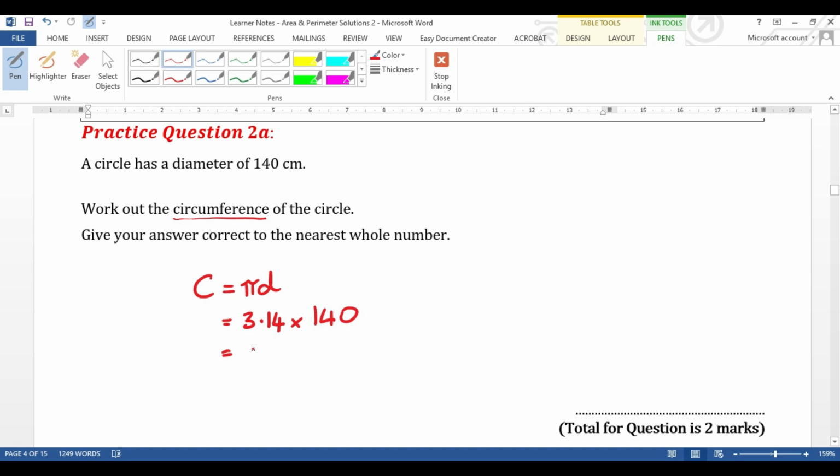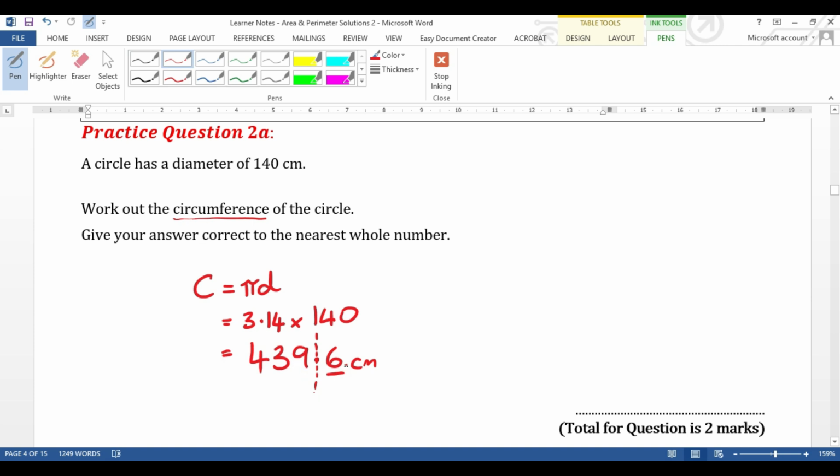So 3.14 times by 140 gives me 439.6, and that's going to be in centimeters. But they said give your answer to the nearest whole number, which is the units, here where that 9 is. So there's my cutoff point. This 6 is going to help us decide what happens to the 9.